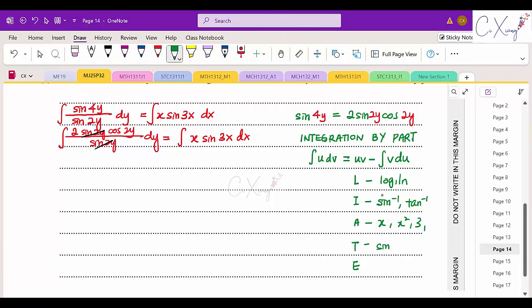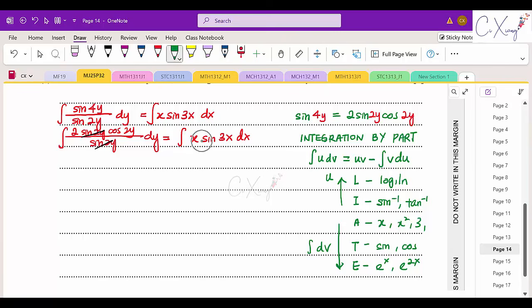Trigo means all the trigo functions like sine, cos, everything. E means exponential form of the function. Alright, if in your question there's one group that is located at the higher position, it will be the u. If it is at the lower position, then it will be the integration of dv. So let's have a look at our integration here.